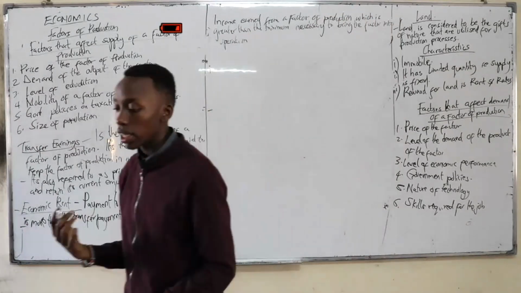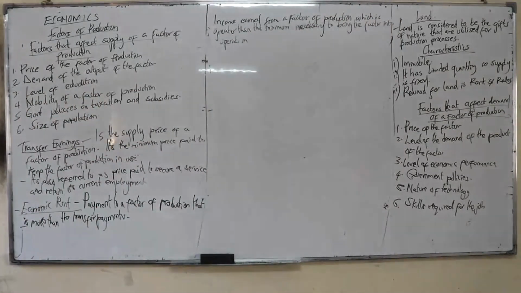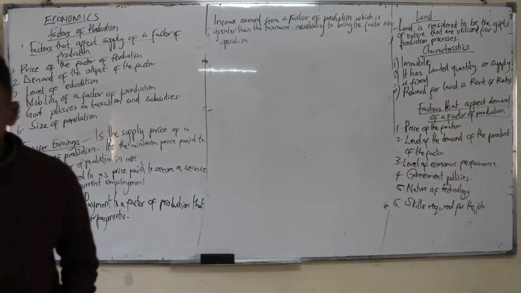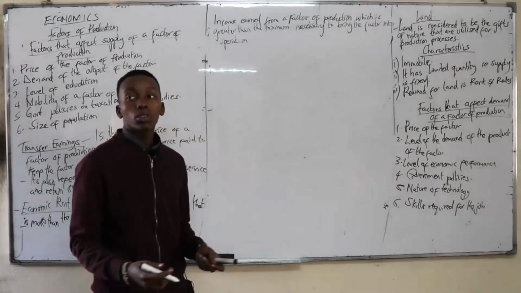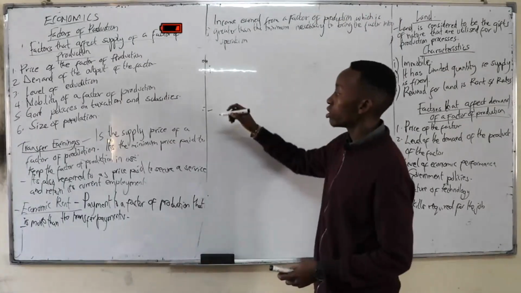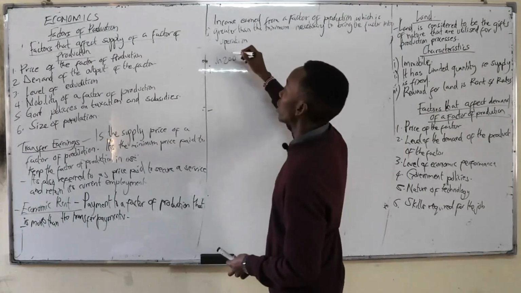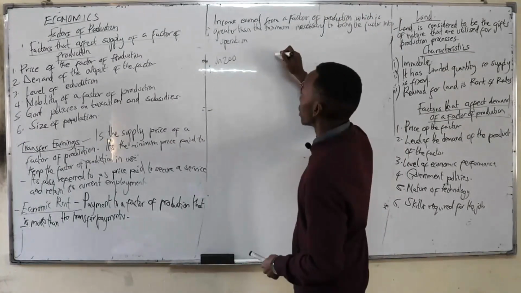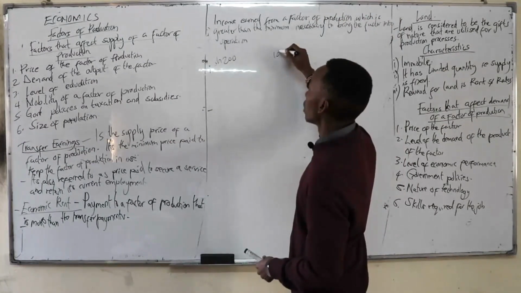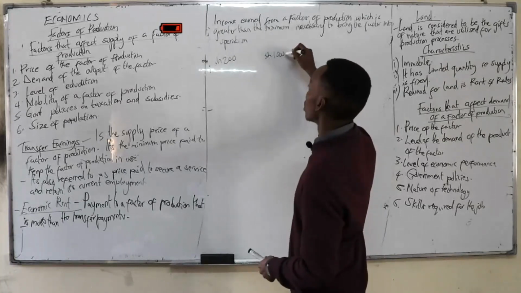So let's use an example so that you understand this. Let's say a person is to earn an amount of 200 shillings a week, and in that week he manages to earn 1,000 shillings.